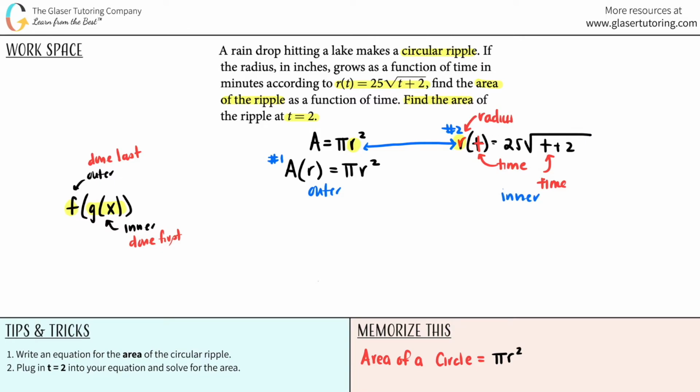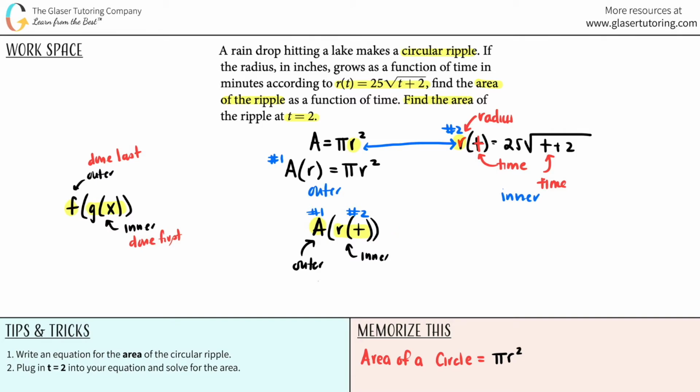Okay, so now I can say A of r of t. As you can see here, this is the inner function, and the A is the outer function. So number 2 is in the middle, and number 1 is on the outside. And we can figure out what this is. That's basically what we need to solve for.